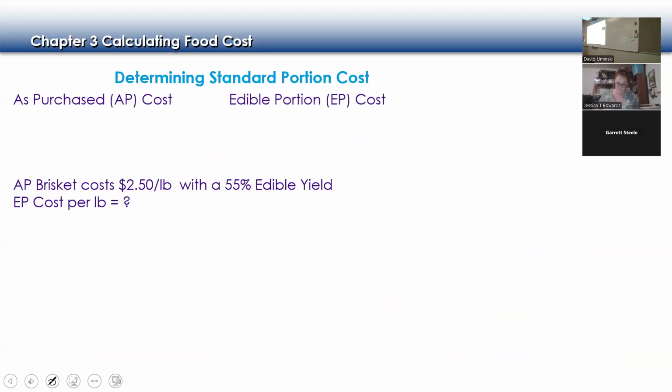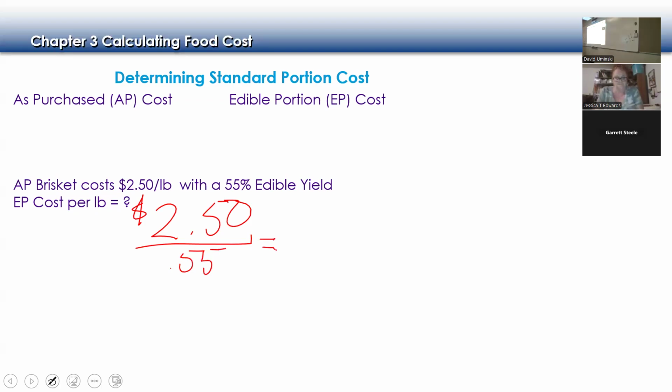So I'm not gonna go into this a whole lot. We are gonna do a pretty lengthy math problem together in just a moment. But if we quickly want to find out what our actual cost per pound is, we can take our $2.50, this is our AP cost, and we can divide by our yield factor of 0.55.